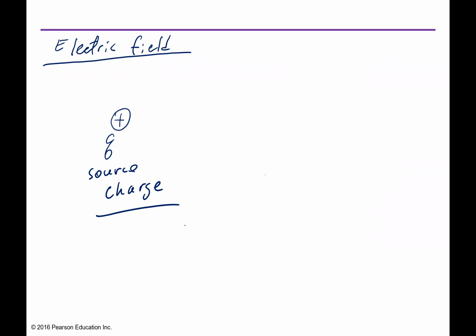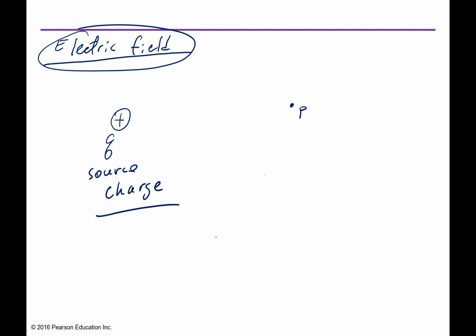Now, what we're going to see is that this electric field you can think of as the effect of this charged particle that is sitting there, so basically the effect of the source charge on the surroundings. Now, if I consider some point P, I can find the effect of this particular source charge.